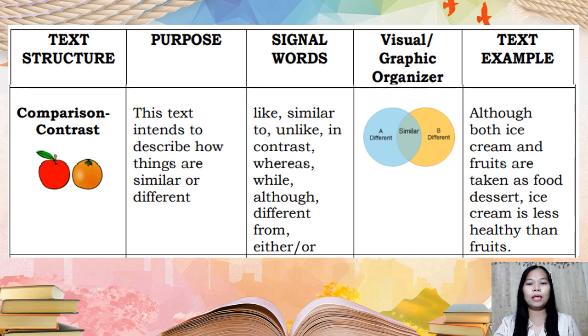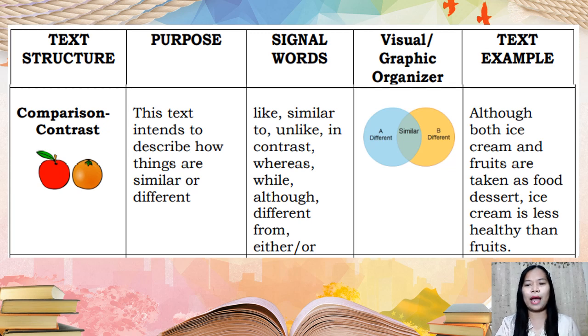And the visual graphic organizer that we are going to use for this text structure is this one, and we call this a Venn diagram. Venn, V-E-N-N. It's a Venn diagram that shows the similarities and differences of two topics. So what's an example of a comparison contrast text structure?